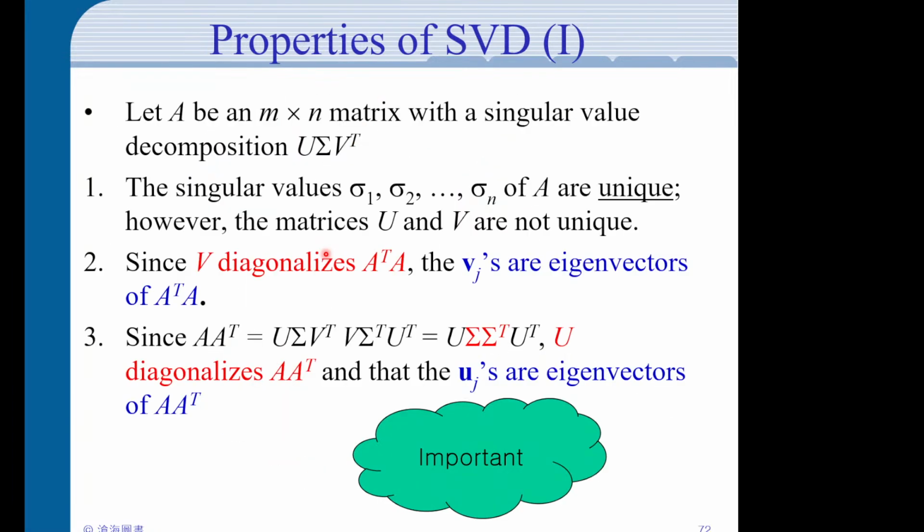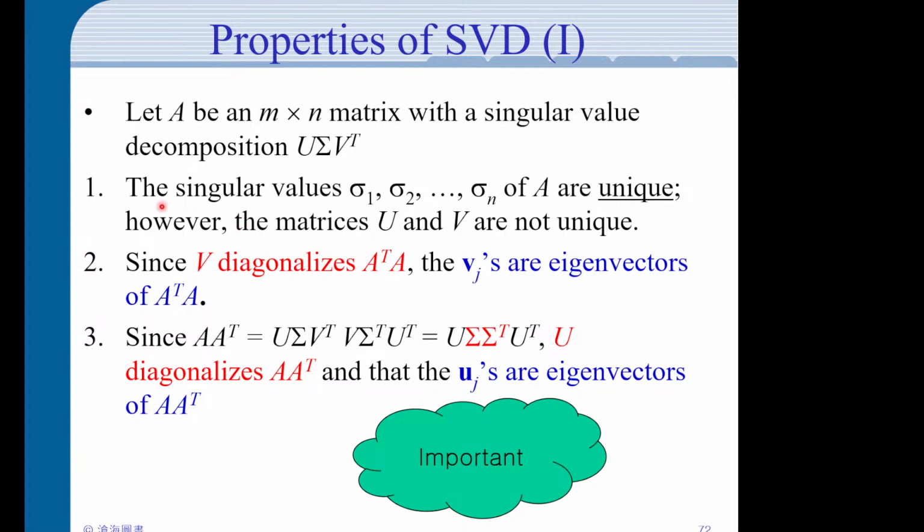Let's get more interpretation of SVD. So, properties of SVD. We have this decomposition of A: any matrix n by n you can decompose into this U Sigma V^T.